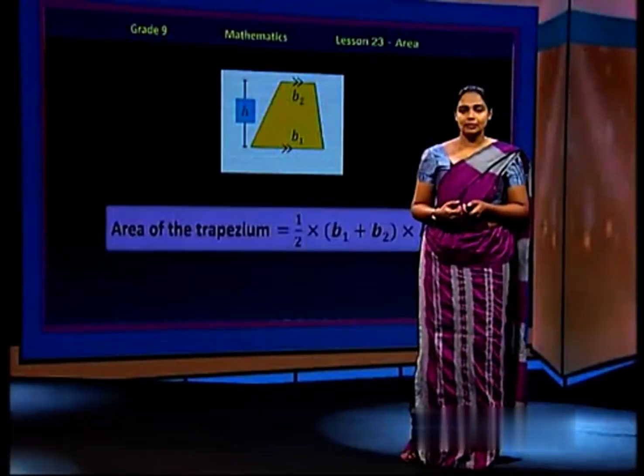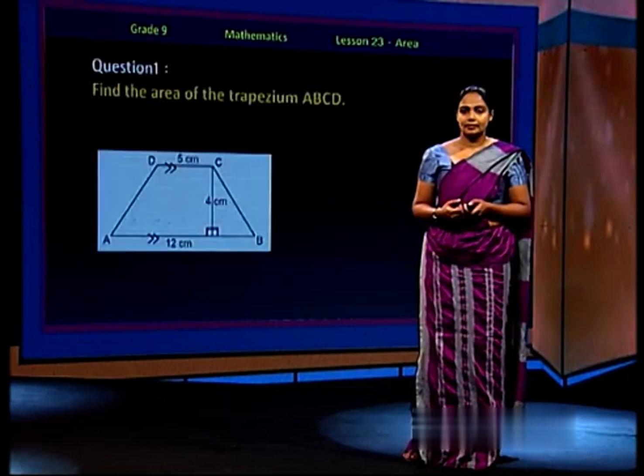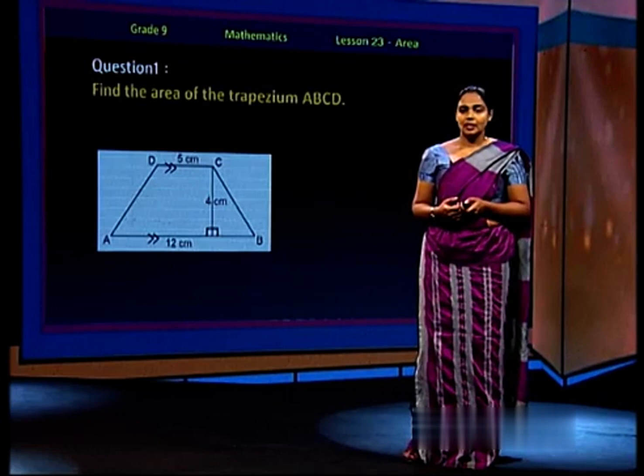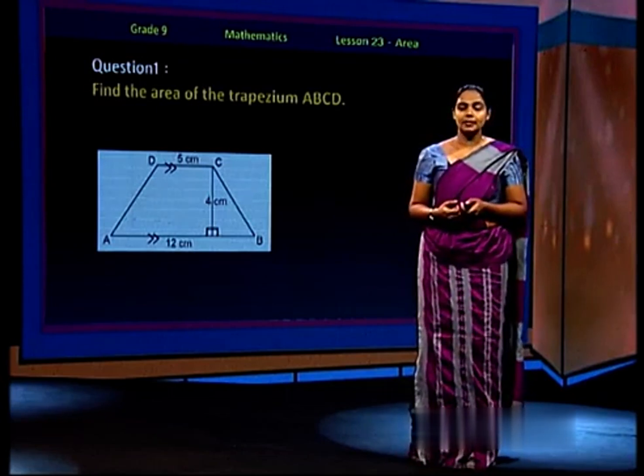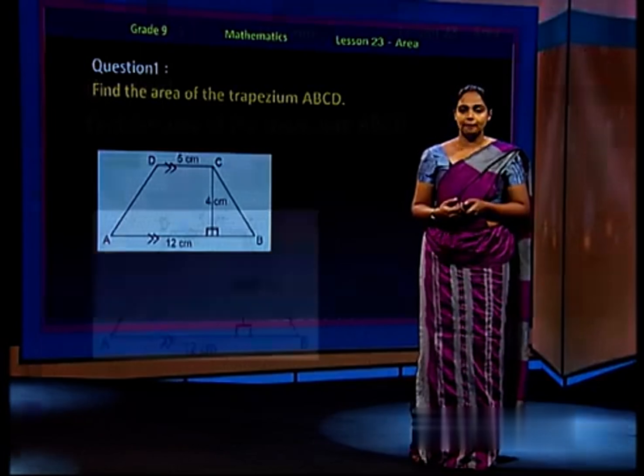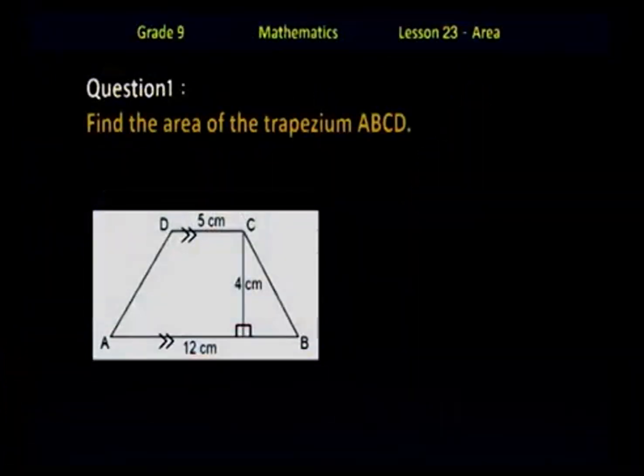Now my dear students, let's solve some problems. Question number 1. Here you can find the area of the trapezium ABCD. You have enough information. The length of side AB is 12 cm. DC is 5 cm.